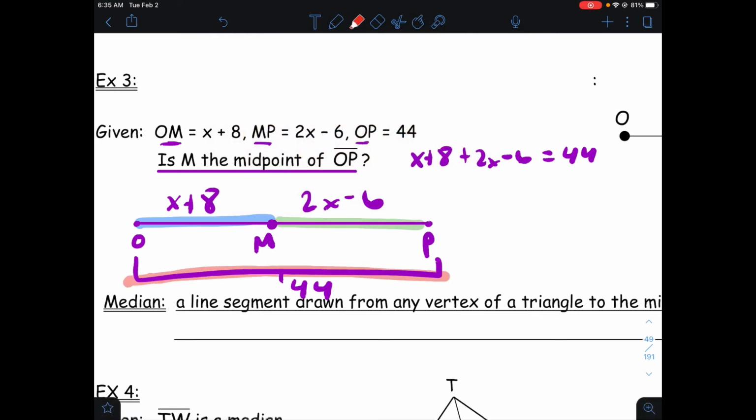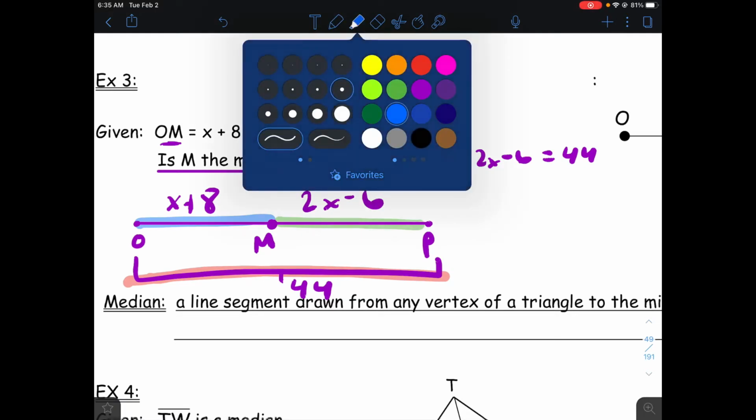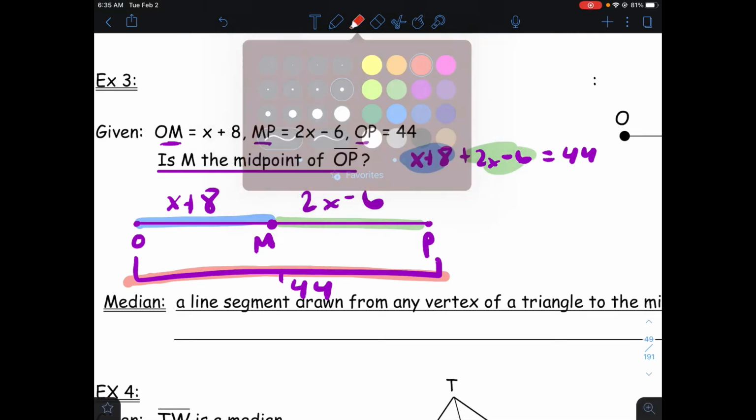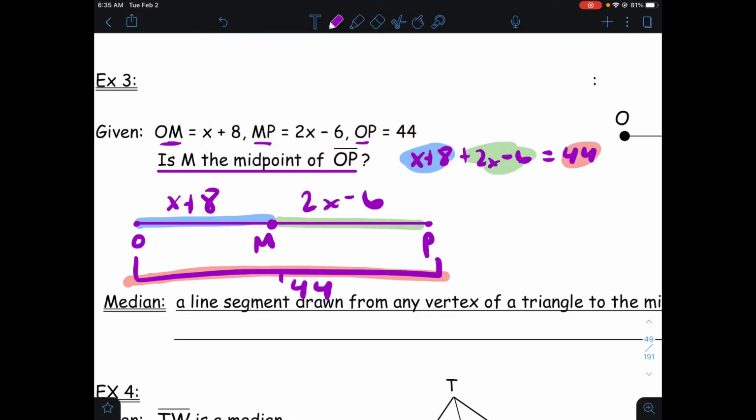You can see that that's true. So blue plus green has to equal the entire thing. You can go ahead and solve. We get 3x plus 2 equals 44. Minus 2, minus 2. We get 3x equals 42.